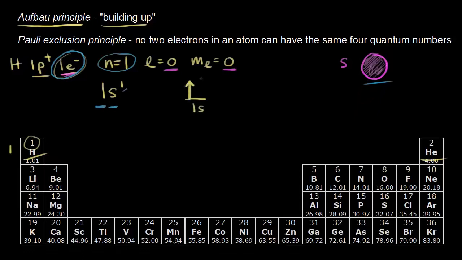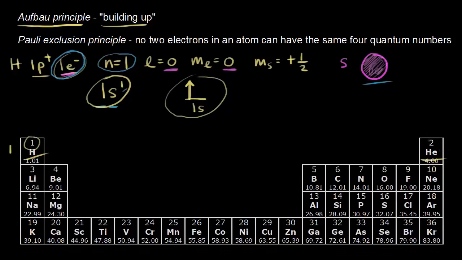So this arrow pointing up is representing 1 electron with an up spin. So the fourth quantum number, ms, we could say that's positive 1/2 spin. So here are two ways to write the electron configuration, 1s1, or we could draw orbital notation like that for hydrogen. All right, and so we're done with hydrogen's 1 electron.